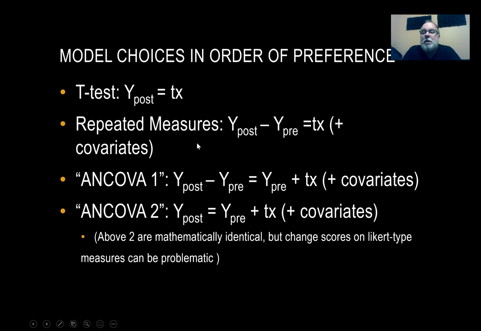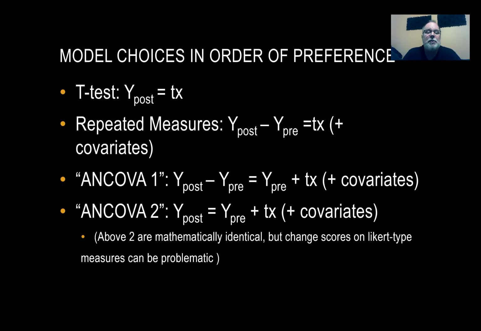Okay, so now you know your primary endpoints. You know we're going to try to maybe get a continuous variable as the primary endpoint. Here are your model choices, going from okay to most preferable. A t-test can be okay. You've randomized, and a t-test can provide a reasonable bit of inference to which treatment did better.